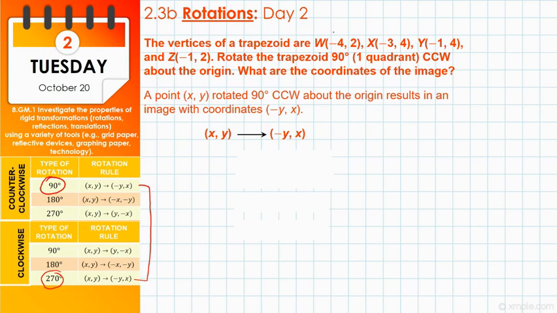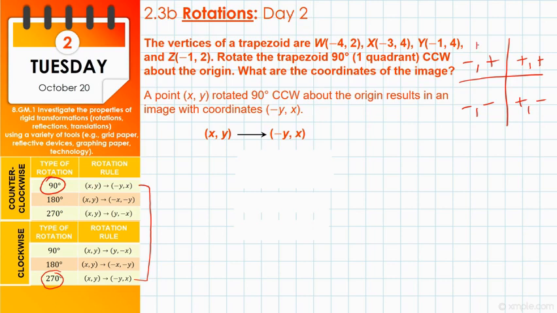So again, we know that -4, 2 and -3, 4 are negative, positive. If we draw a quick sketch: positive, positive; negative, positive; negative, negative; positive, negative.